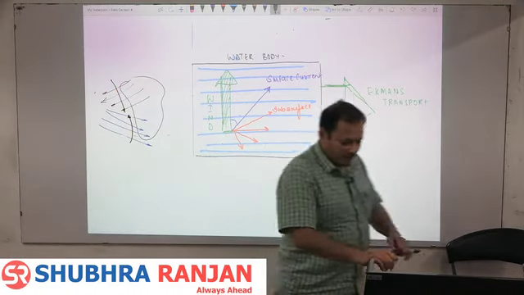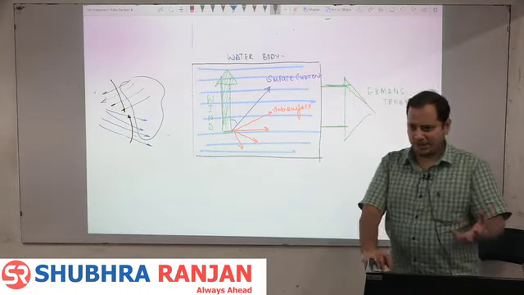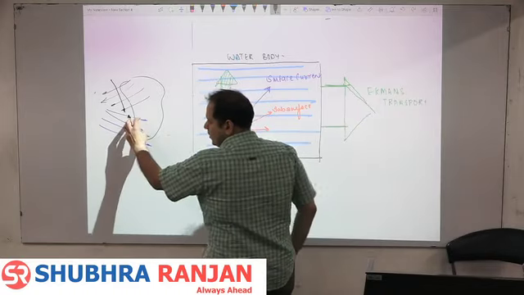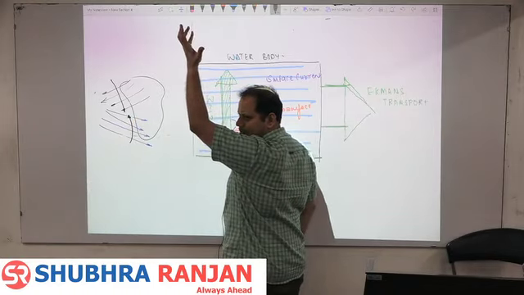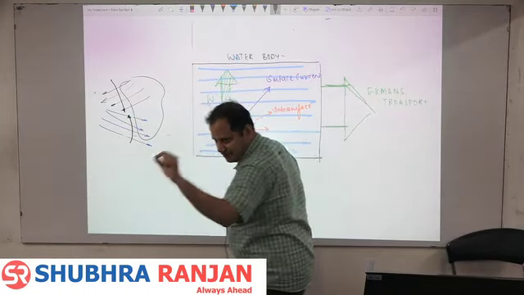Understanding? Why do cold currents and warm currents generate? And when they come near the coast, they will upwell or downwell. That is the next point.